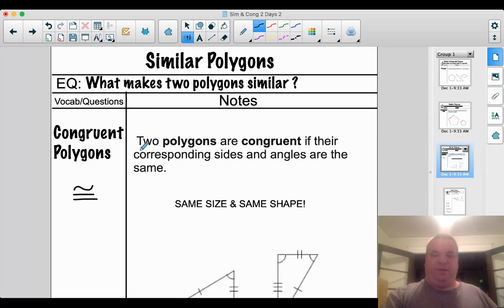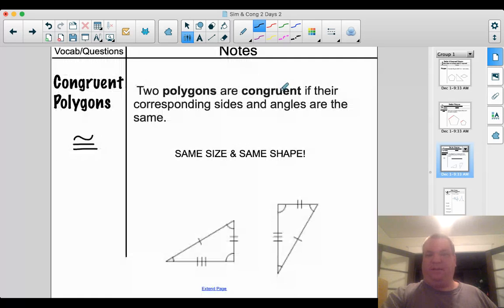All right, so congruent. Let's define congruent. Congruent polygons. Two polygons are congruent if their corresponding sides and angles are the same. Okay, so we got a couple of triangles here. Here's a good example where they're not really facing the same way.